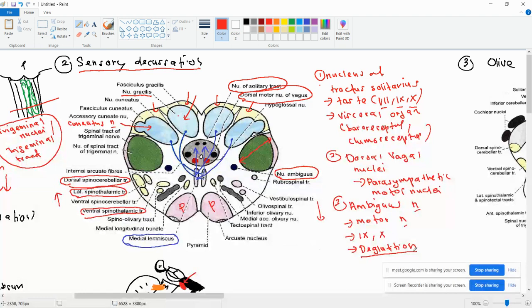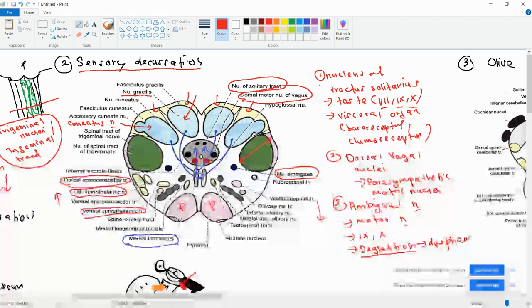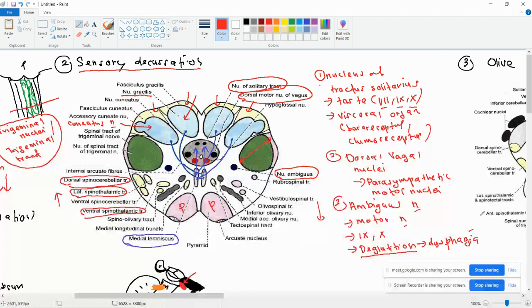The patient has difficulty swallowing, which we call dysphagia. So that one is the ambiguous nuclei, which stimulates cranial nerve number 9 and also 10, which are very important for deglutition activity. So that is the nucleus ambiguus, class, right?